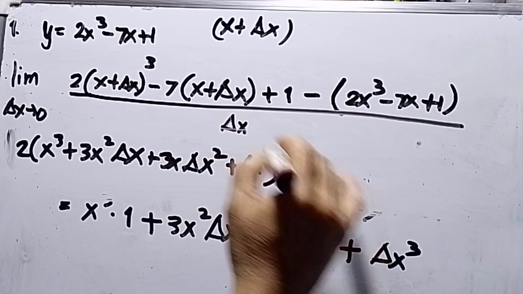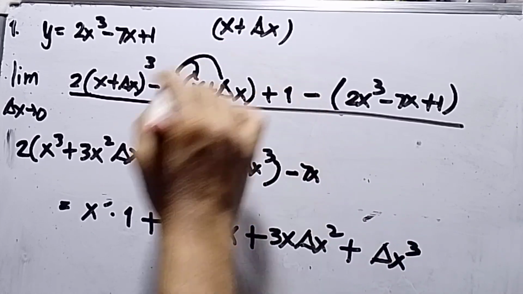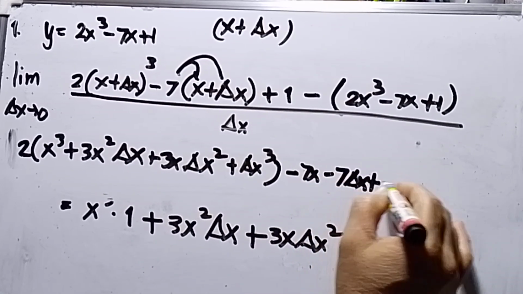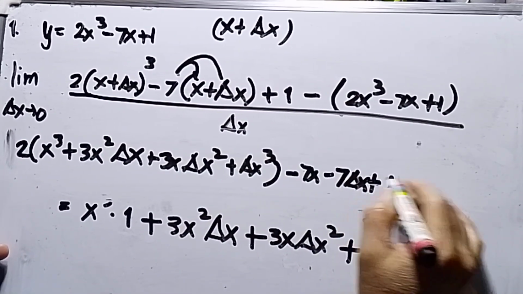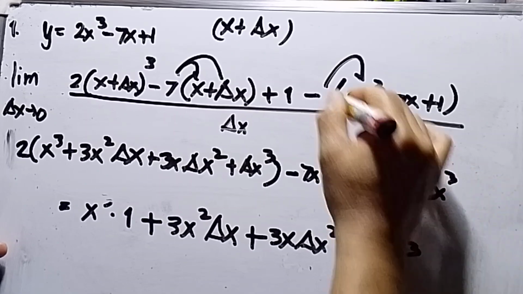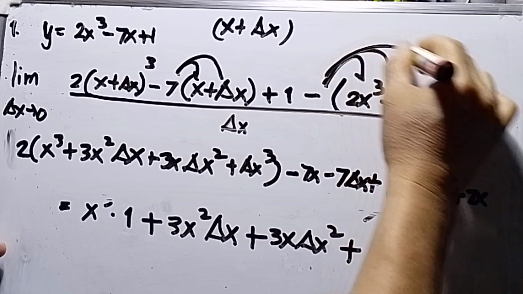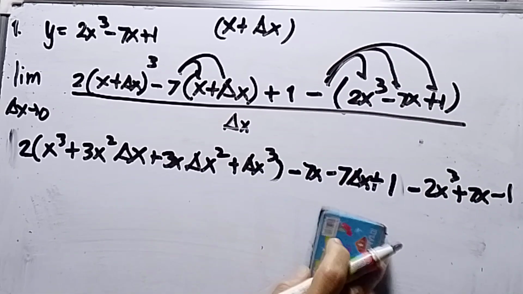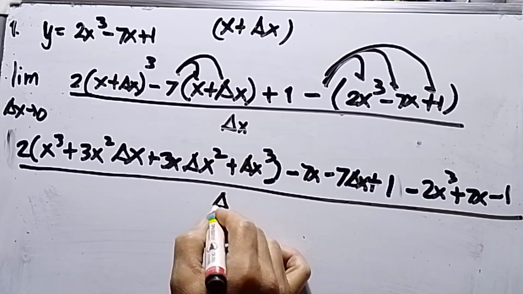Close, and then minus, distribute 7x minus 7 delta x plus 1, and then minus this one, minus 2x cubed, minus minus will be plus 7x, then minus 1, all over delta x.